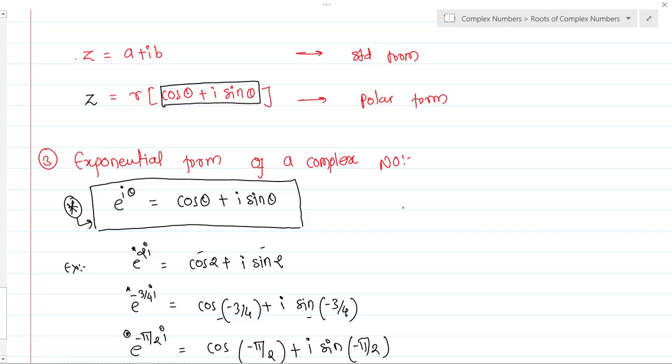Therefore, the third form of the complex number, which is exponential form, is nothing but, if I replace this by e raised to I theta, z is equals to r into e raised to I theta. That's it. This is the third form of the given complex number. Is it okay, everyone?